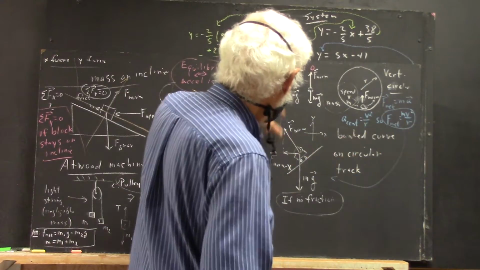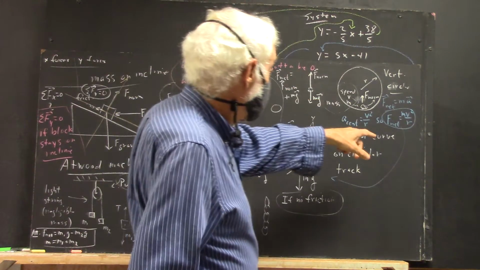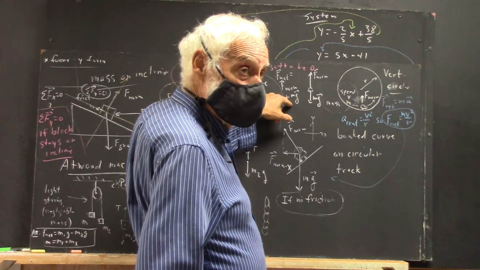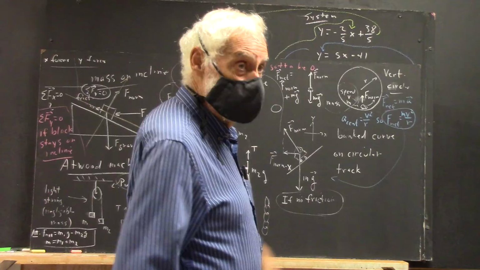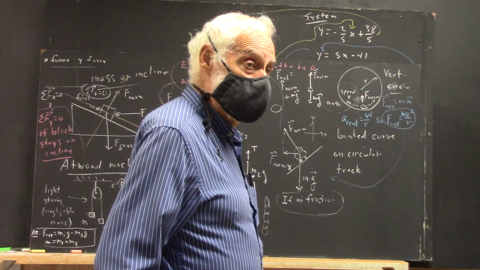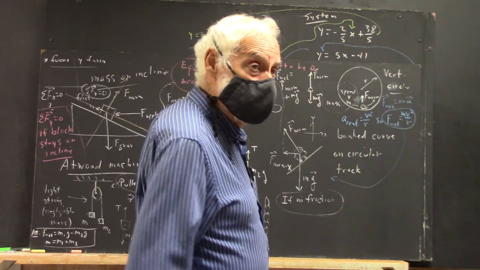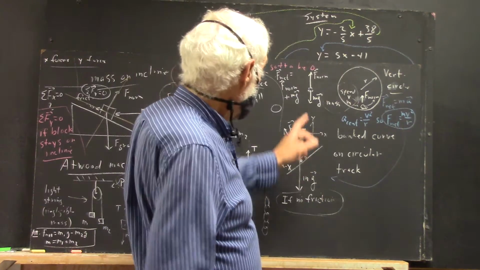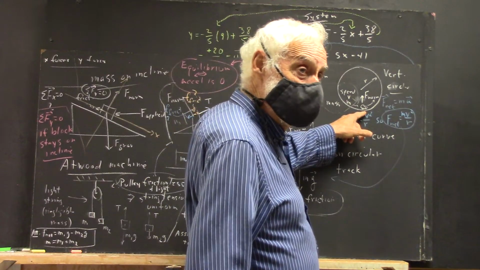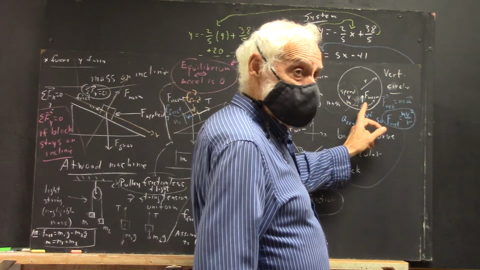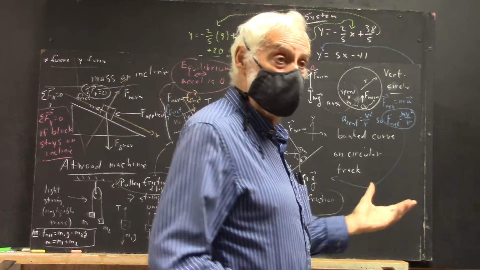So mv squared over r equals the magnitude of F net, right? F net is this plus this, as vectors. If you just do it with scalars, it's going to be your normal force minus mg, right? Now let's take the arrows off, and that force is clearly the difference of these. F norm has got to be bigger than mg, because F norm has to support you, but also provide the difference, the centripetal force that you need.